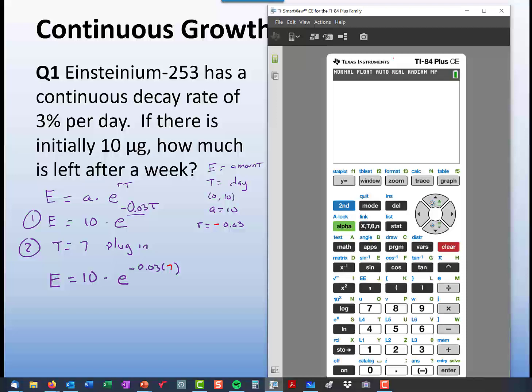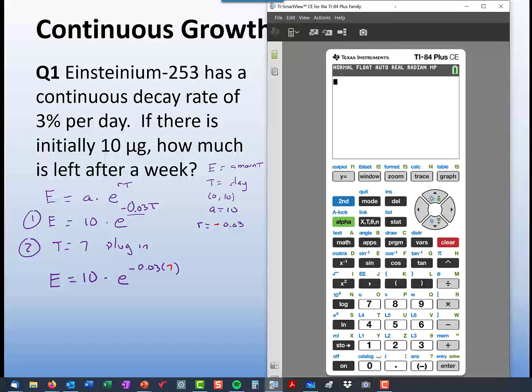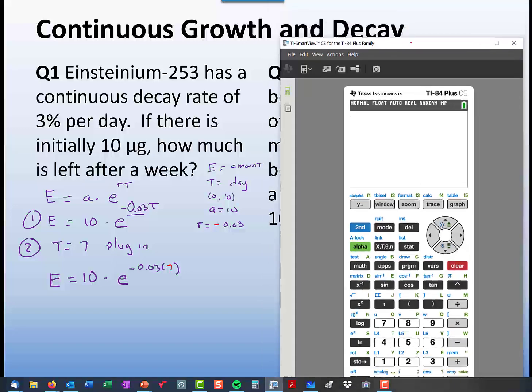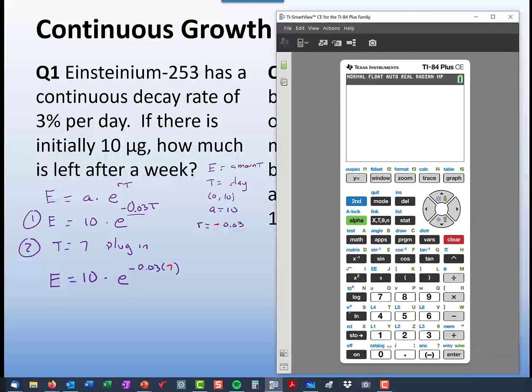Now, there's two places you can find e, but down here, above the natural log is the e to the x. That's the exponential base e to the x power. And that's the problem we have to do here. We have to do 10 times.